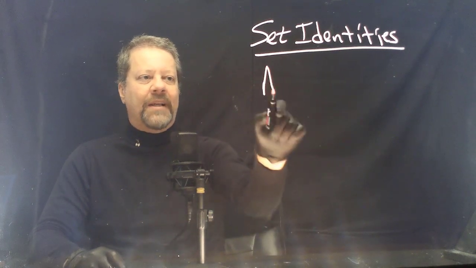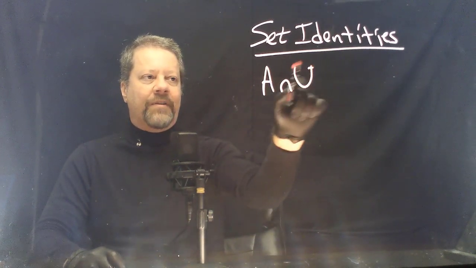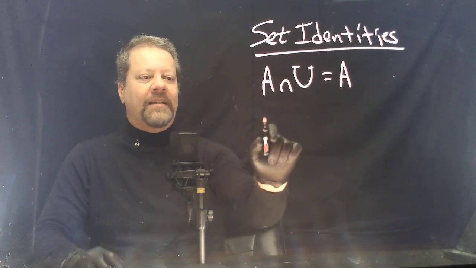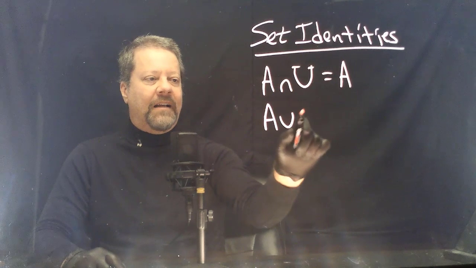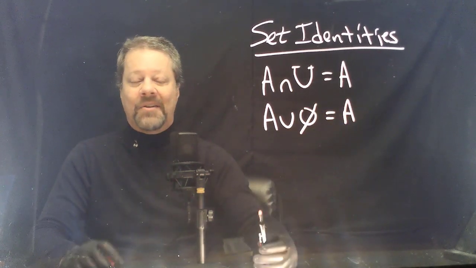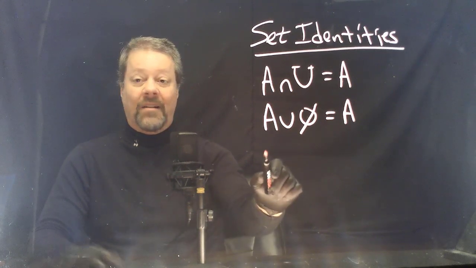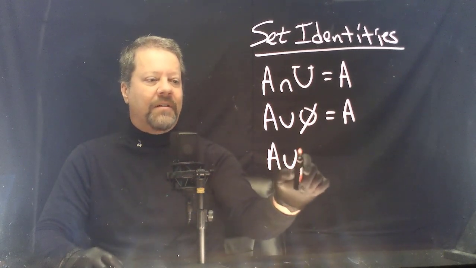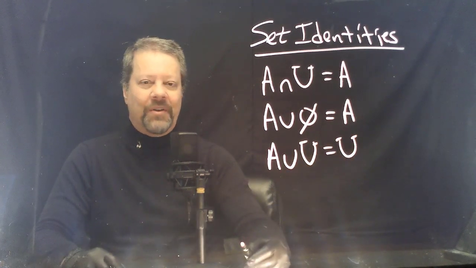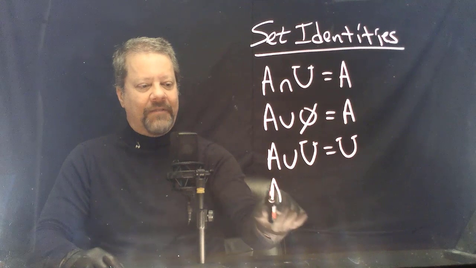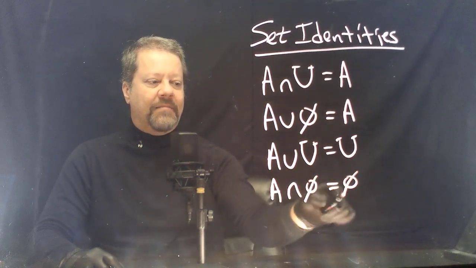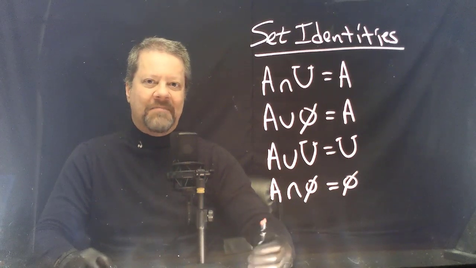First, if you take a set and intersect it with a universal set, you get A. If you take a set and take the union of that and the empty set, that also gives you A. Alternatively, if you take the union of a set with the universal set, you get the universal set. And if you intersect a set with the empty set, you of course get the empty set.